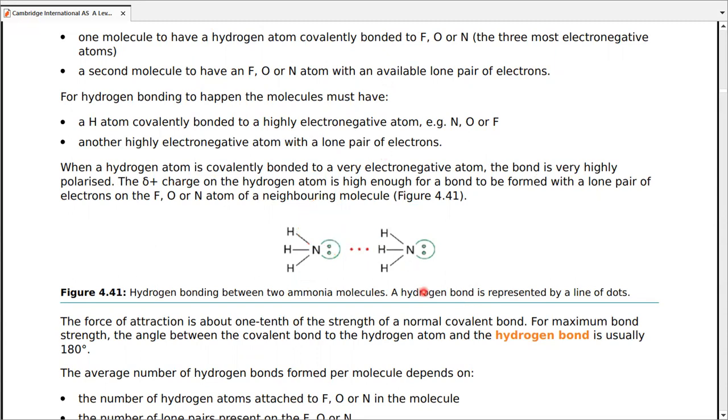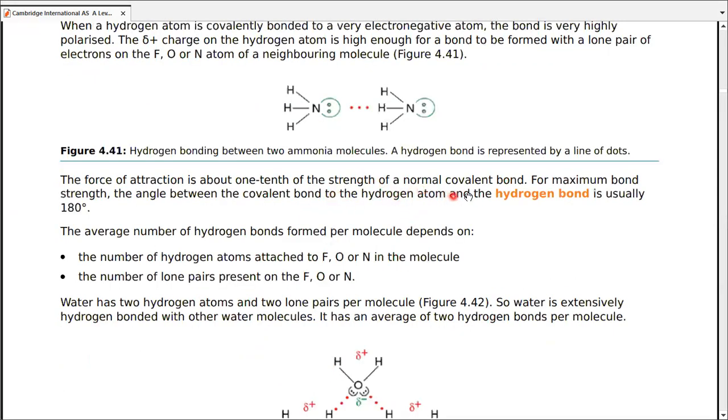Yes, sir. The force of attraction is about 1/10 of the strength of a normal covalent bond, which is a huge force, if we are going to compare it with PD-PD forces or ID-ID forces. All right. So sometimes teachers compare them with values that are understandable for students. You're not allowed to write them in the paper, but these can give you a pretty good idea. This is a covalent bond. A hydrogen bond would be 1/10 of it.